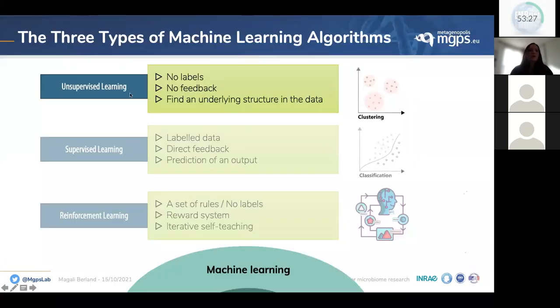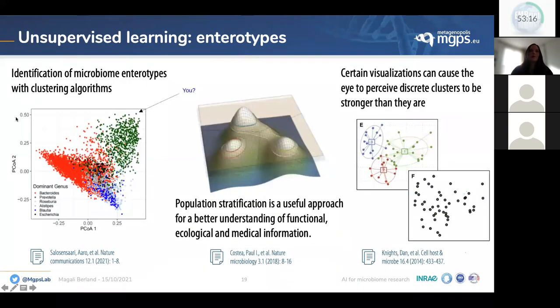So I took back the three main types of machine learning algorithm, and we will see some unsupervised learning algorithms applied to microbiome data. Unsupervised learning methods are used for the identification of community types, also called enterotypes, that is used to stratify individuals into specific subgroups based on their microbiome composition.